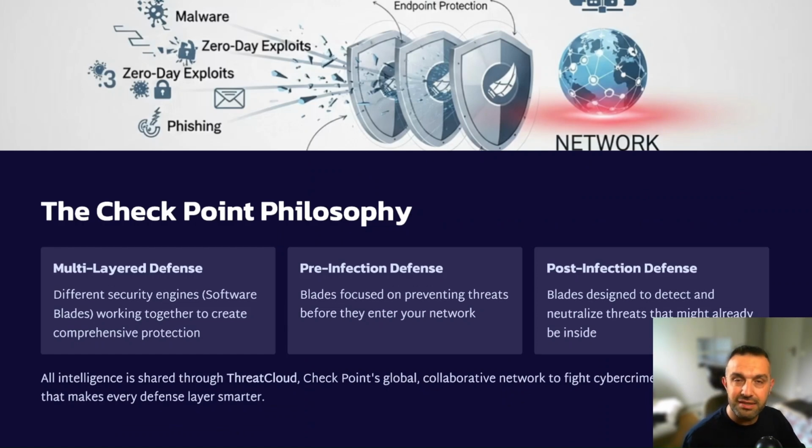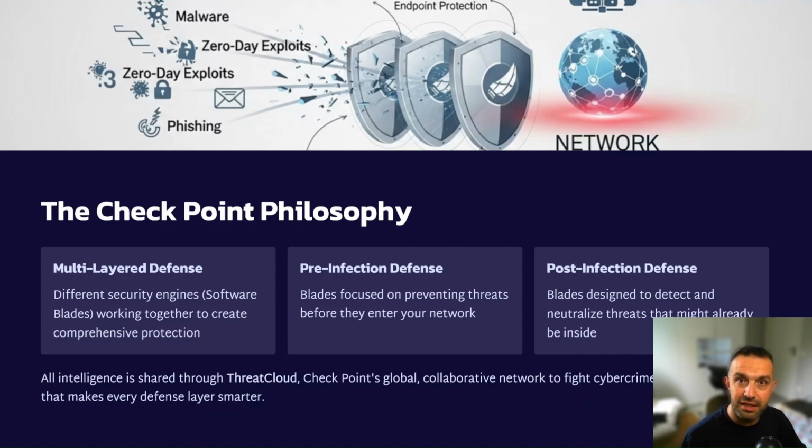So to challenge today's malware landscape, Check Point's philosophy isn't about a single silver bullet. It's about a comprehensive multi-layered defense. This means having different security engines, or as Check Point calls them, software blades, working together. Some blades focus on preventing threats before they ever enter your network. This is pre-infection defense.